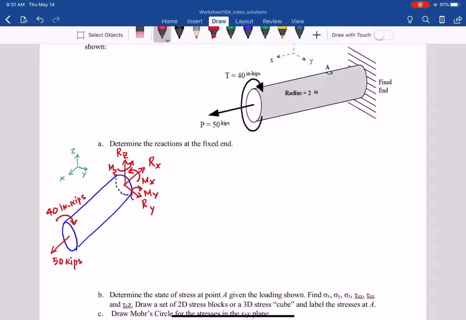So let's find the reactions with the equilibrium equations.